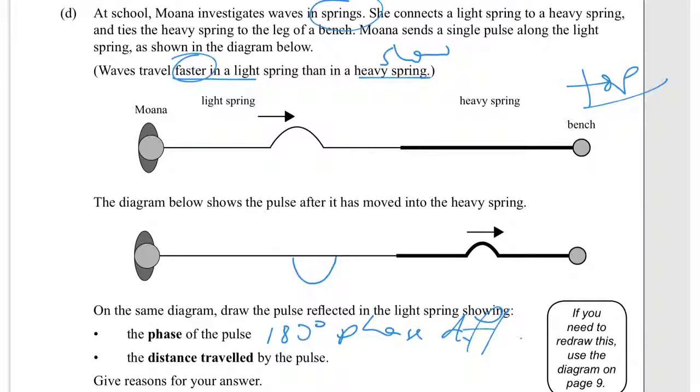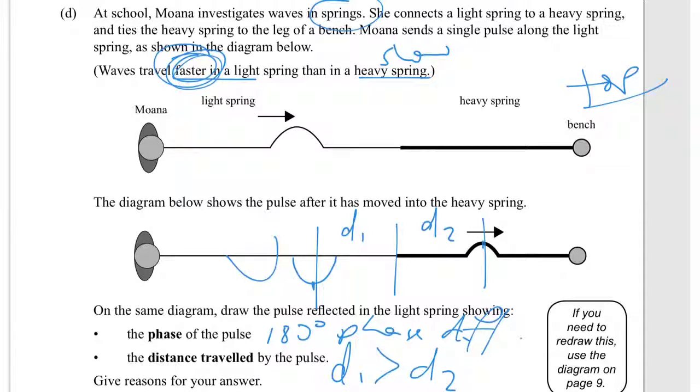Okay, and the distance travelled by the pulse, if it's faster, then this distance, D1, is going to be larger. See, notice I've gone to the peak of each. That distance, D1, is going to be larger than distance D2, so I haven't drawn it very well here, so it might be somewhere down here. But D1 is going to be larger than D2.